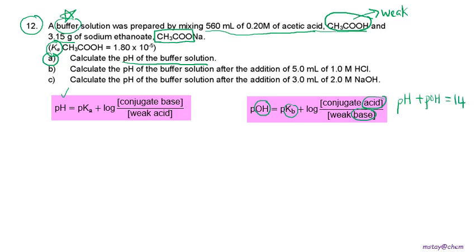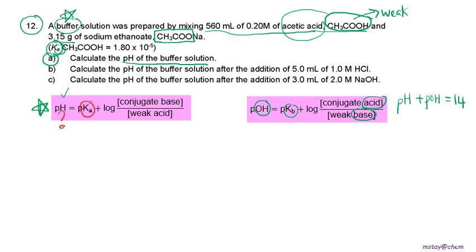As this question mentions acetic acid and Ka is given, basically we know that we are using the first formula, pH equals pKa plus log concentration of the conjugate base over concentration of weak acid. The question asks us to determine the pH value.